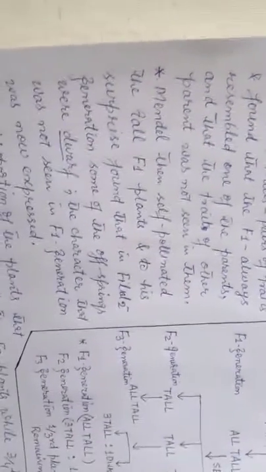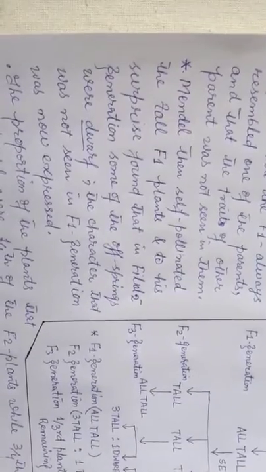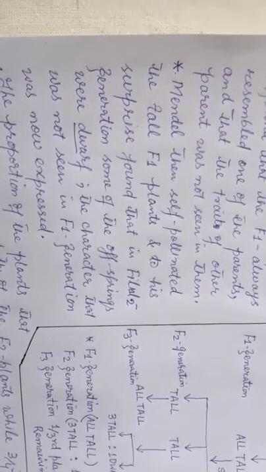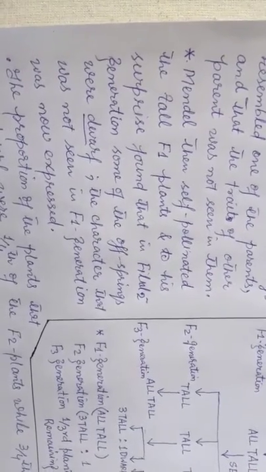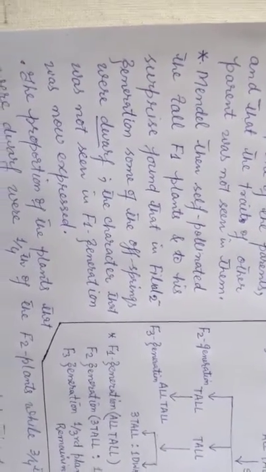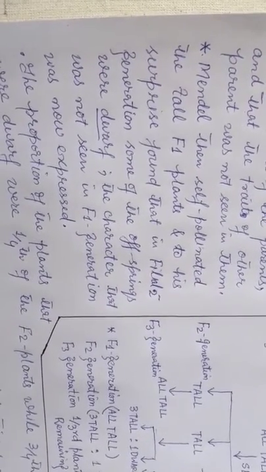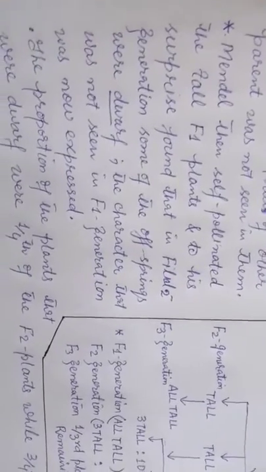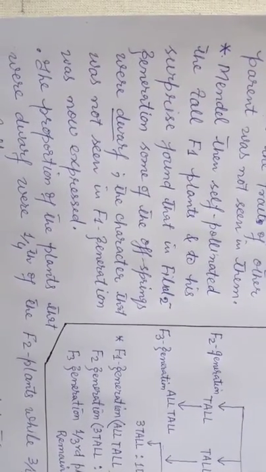Then Mendel self-pollinated the tall F1 plants, and to his surprise he found that in the filial 2 generation, that is the F2 generation, some of the offspring were dwarf. The character that was not seen in the F1 generation was now expressed.